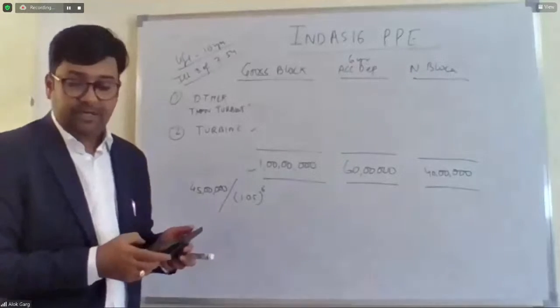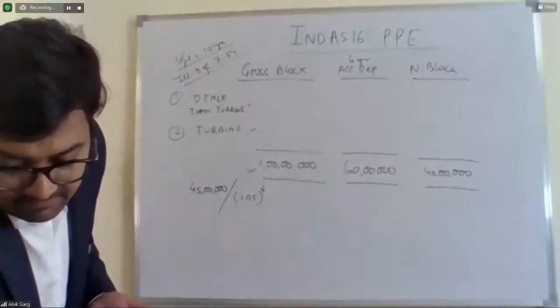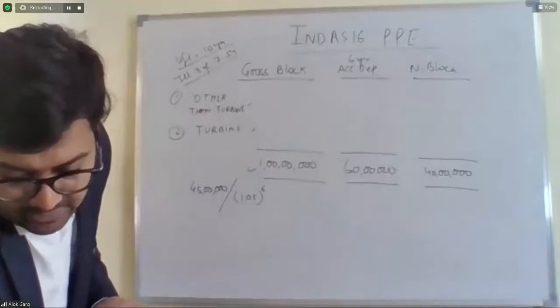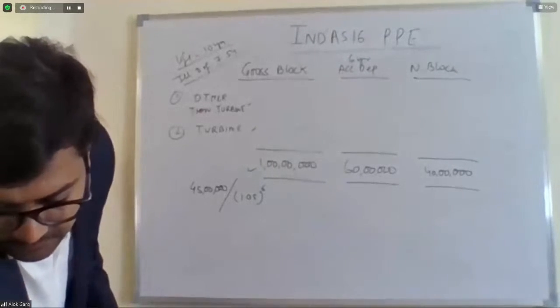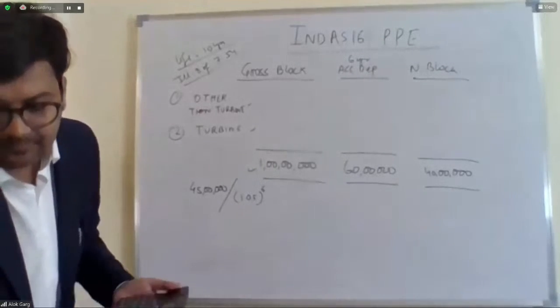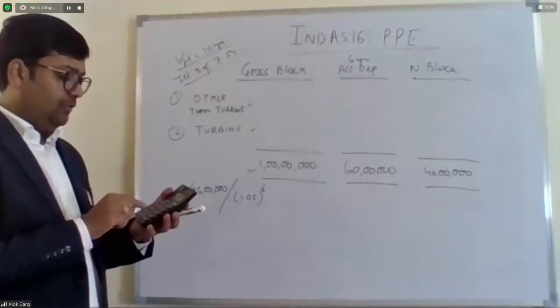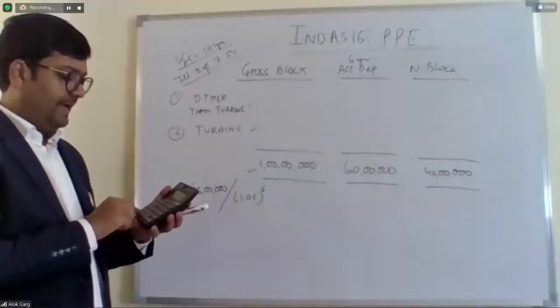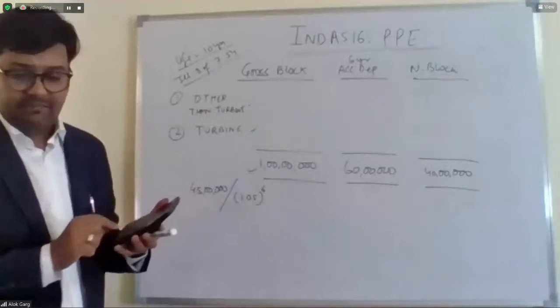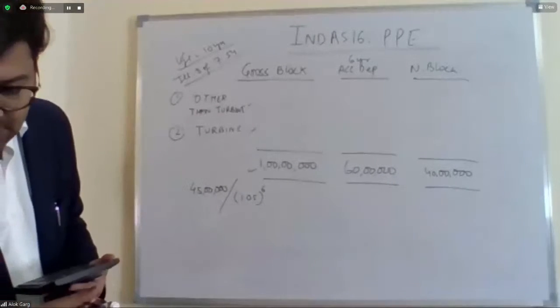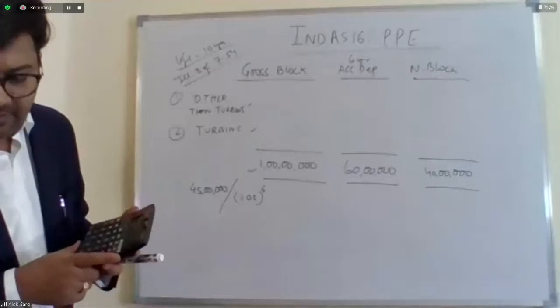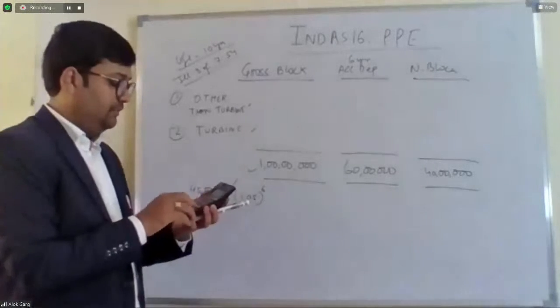So it is giving me 0.710. So 0.710 multiplied by 45 lakh gives 3195. Sorry, I think I have added one more 1.05.